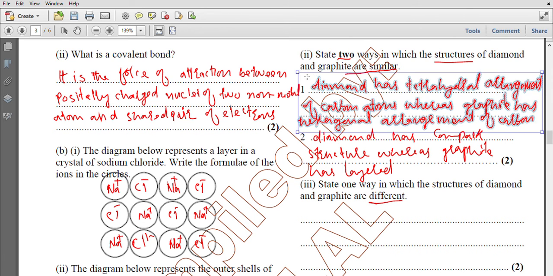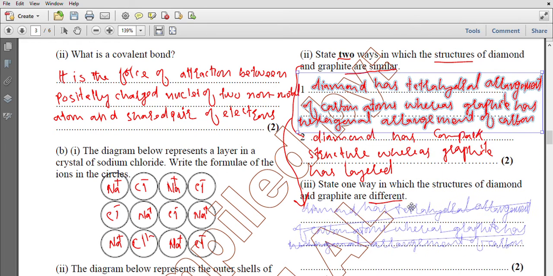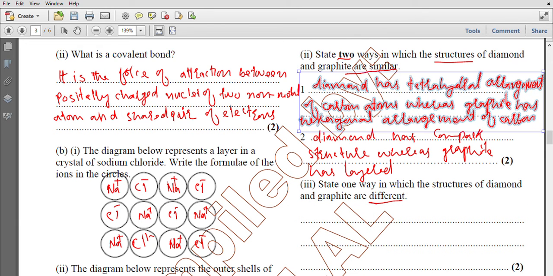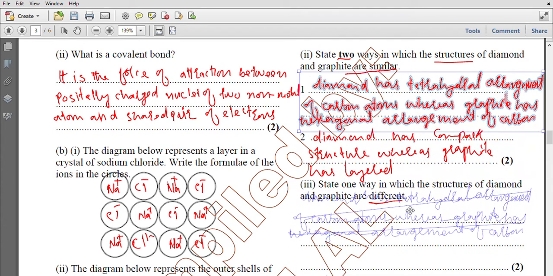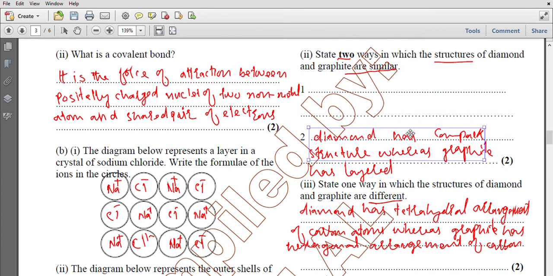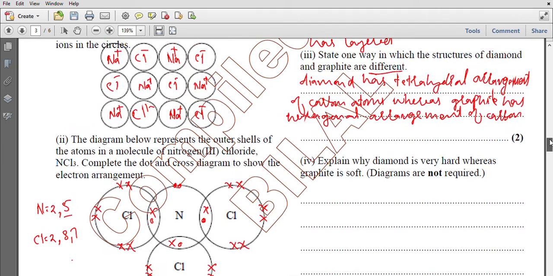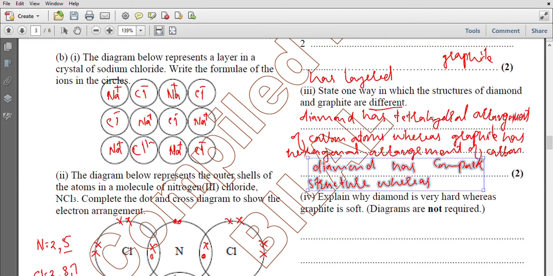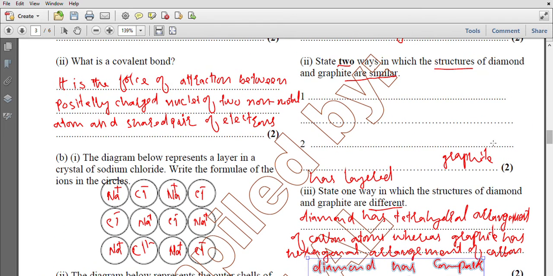So you have to write any two of the differences here, and I am going to write both, and we write the similarities here.